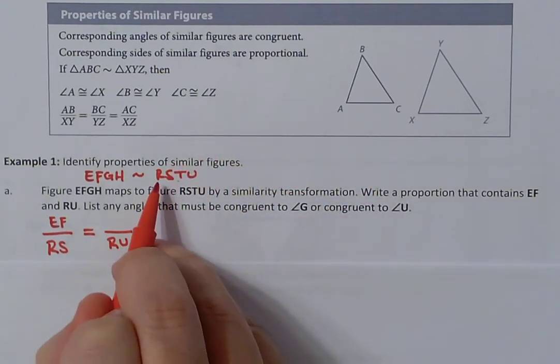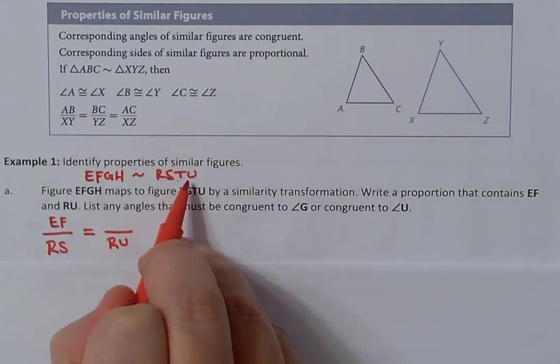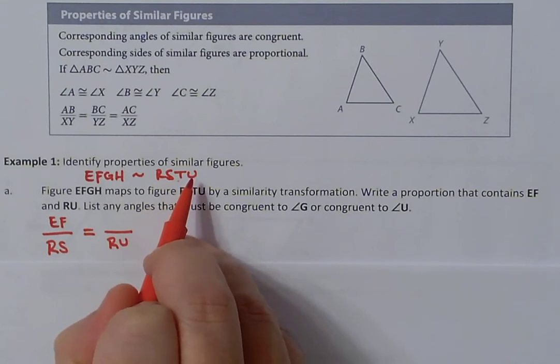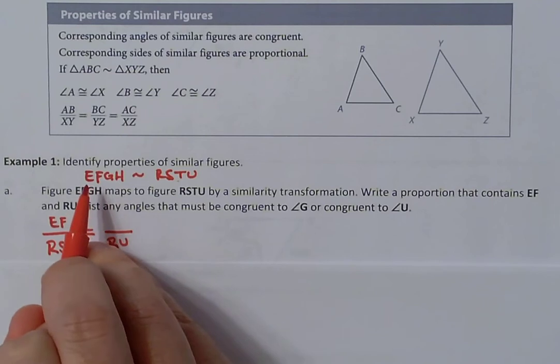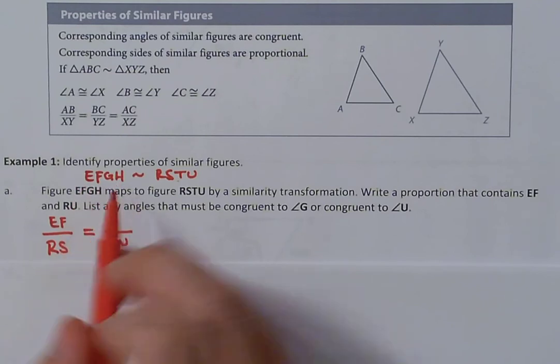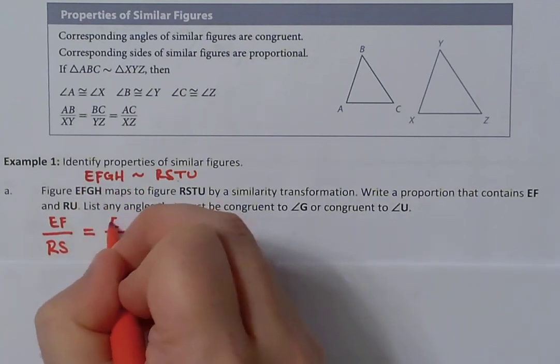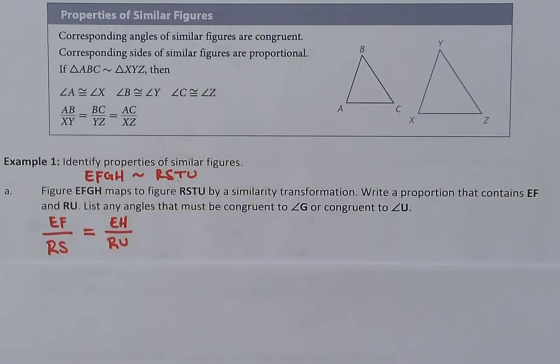And RU is the first and the last letters in this statement. So the first and the last letters in the first statement are going to be EH. And that is going to complete our proportion that contains EF and RU.